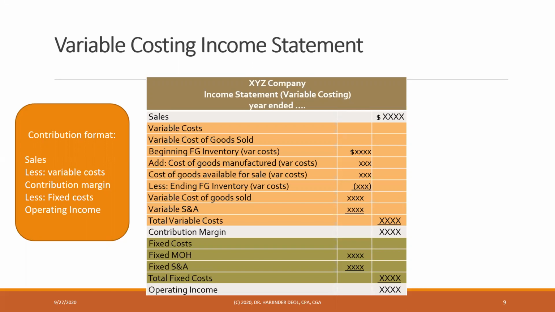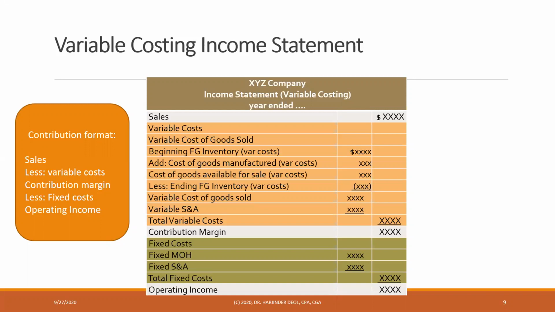But here we will add our variable selling and administrative expense. So we are accounting for all of our variable cost here. That gives you your total variable cost. The total variable cost deducted out of your sales revenue, the resulting difference is your contribution margin.